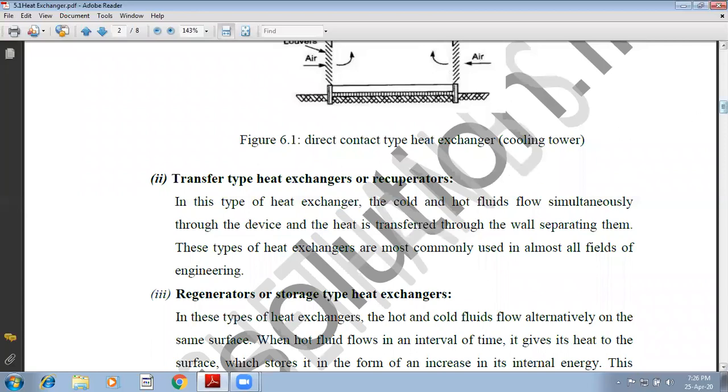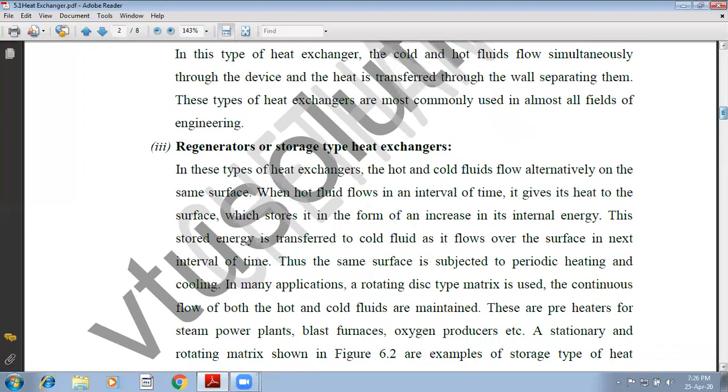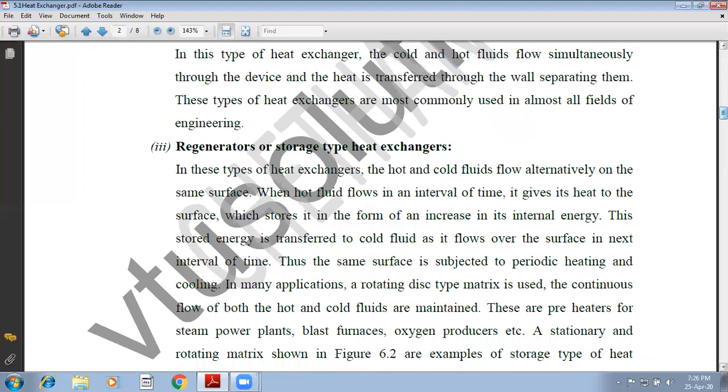Another type is the regenerative type of heat exchanger, wherein the cold fluid as well as hot fluid flow alternately on the same surface. I mean to say, let us consider a matrix or a heap of pebbles which acts as a matrix.